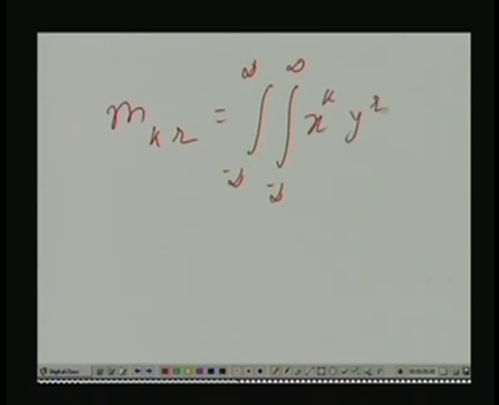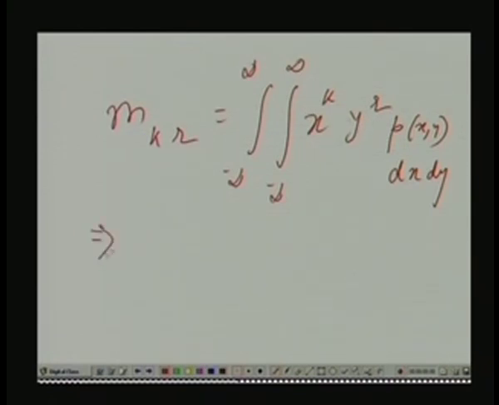Then we define the moment M_kr as the integral of x to the power k, y to the power r, times p_xy, where p_xy is the joint probability density of x and y.